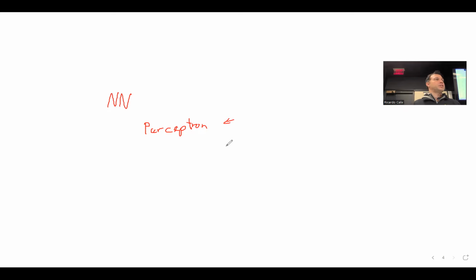What I like about the perceptron is it should allow us to see a lot of how neural networks work and how they learn from scratch in a very easy way. Does that make sense? All right, so the perceptron will be the first thing that we will talk about, as far as Thursday or at the end of this day, and then after, on Thursday. Okay, so we'll start there.